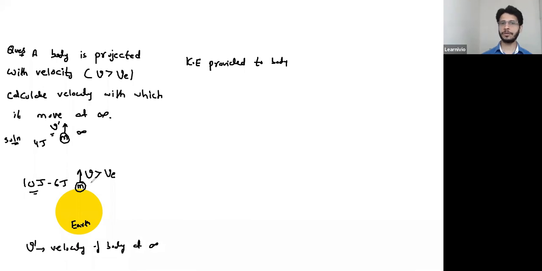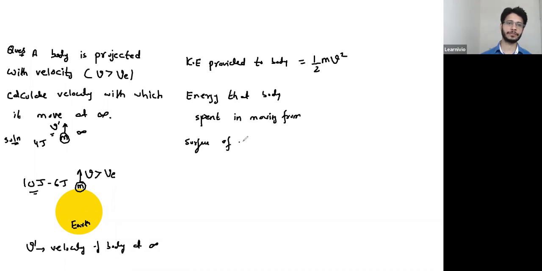You have projected the body with velocity v, so the kinetic energy that you provided is half m v square. The energy that the body spent in moving from the surface of Earth to infinity is simply the kinetic energy corresponding to escape velocity, half m v e square.